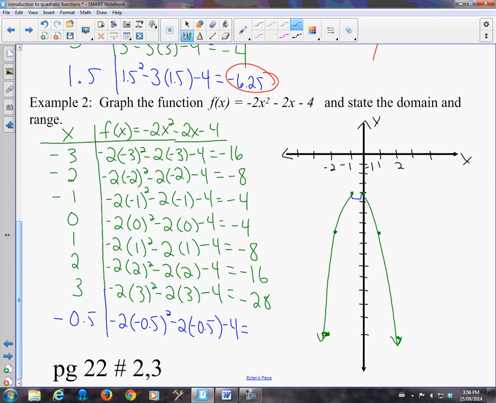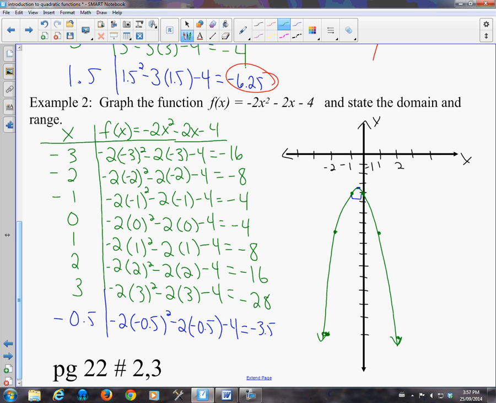So I've got negative 2 times negative 0.5 squared minus 2 times negative 0.5 minus 4, negative 3.5. That would make sense. Negative 0.5 and negative 3.5. There we are. There's the rest of our parabola.